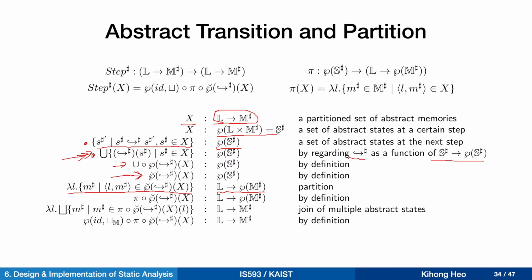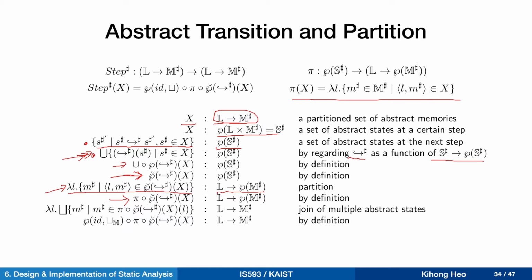And the next, that is actually the definition of the partitioning function pi. Using the expression, we can simplify this expression to this using the definition of this partitioning function.